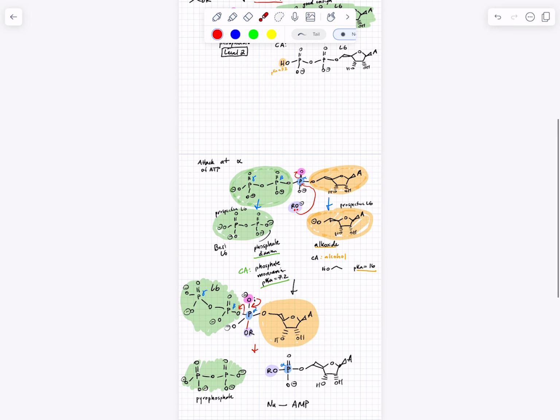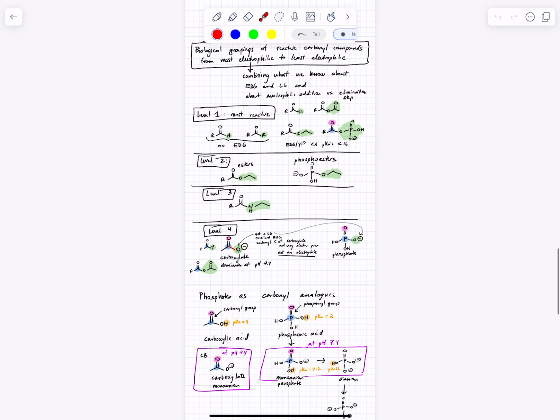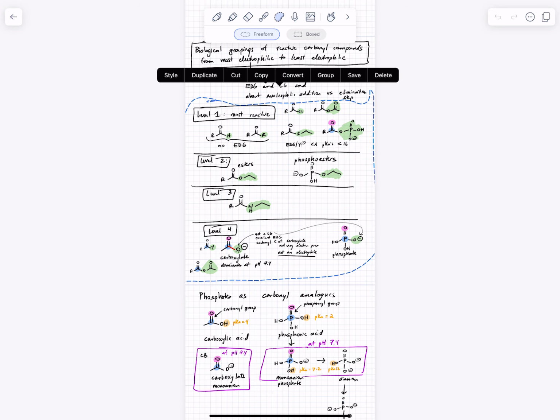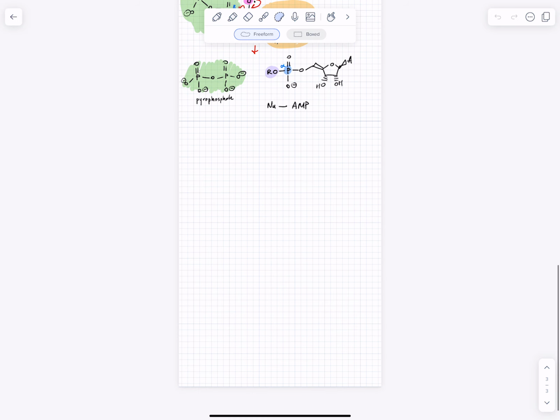All right, so if we were going to add to our list of level 1 reactive molecules, I'm going to copy this from the notes from last time and put it into today's notes.